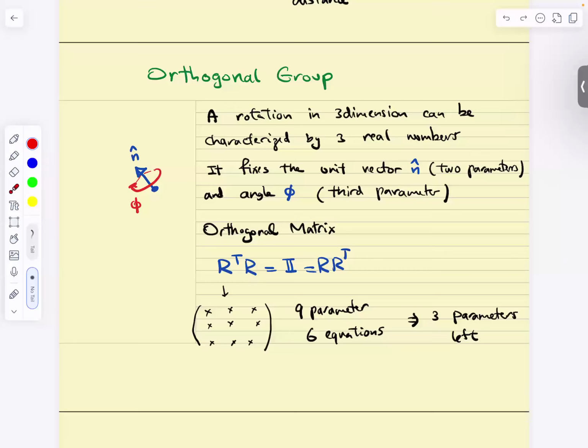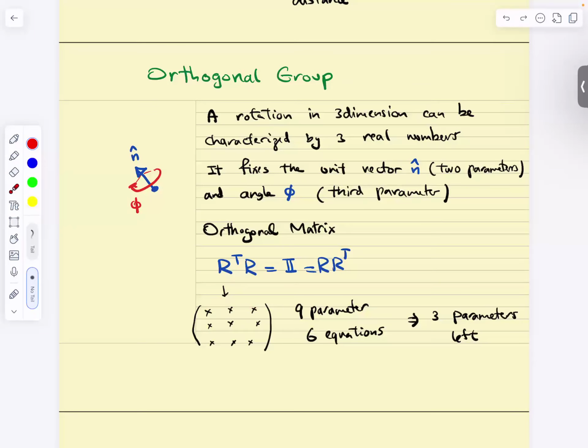We model this using orthogonal matrices. These are matrices that satisfy R transpose R is equal to identity. I'll give you the sharp definitions at the end. It doesn't matter if my comment is a little bit imprecise. So any matrix of this form has three real parameters.